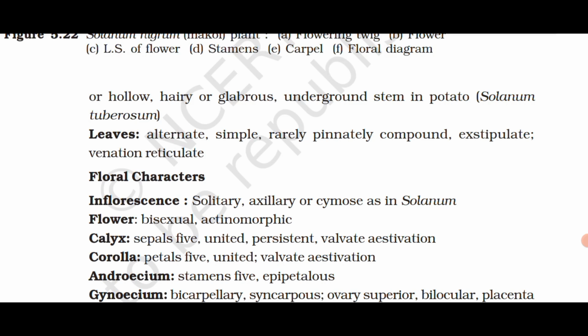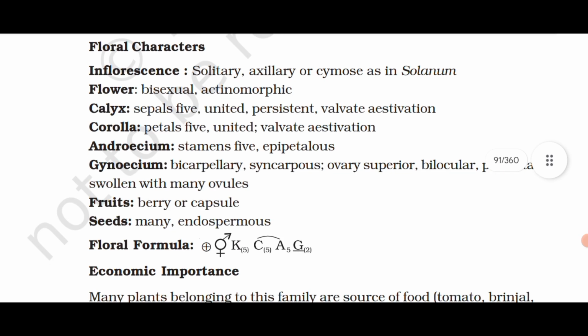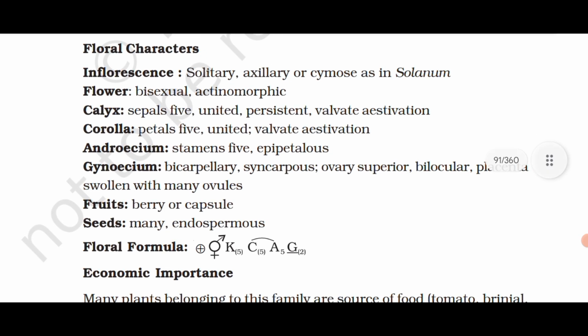Floral characters: inflorescence solitary, axillary or cymose, as in Solanum. Flower bisexual, actinomorphic. Calyx sepals 5, united, persistent, valvate aestivation. Corolla petals 5, united, valvate aestivation. Androecium stamens 5, epipetalous.